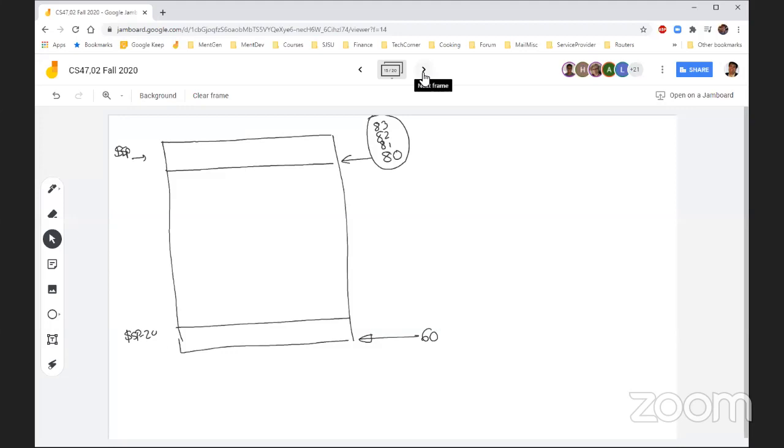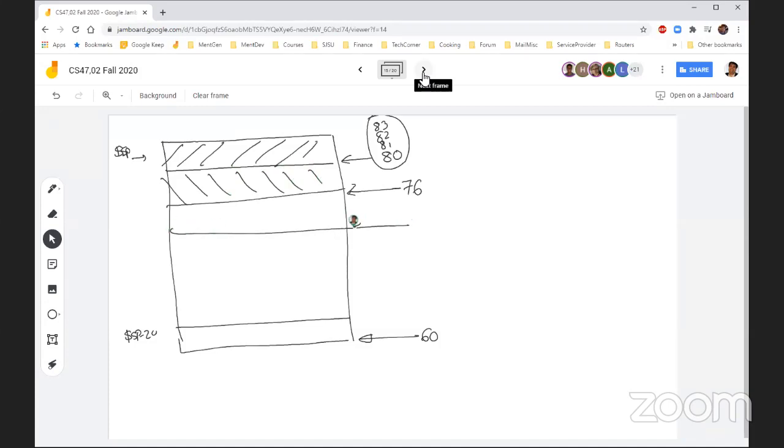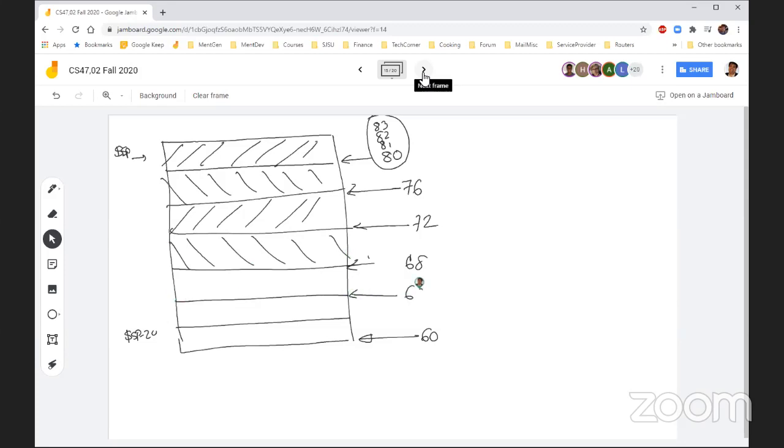Now we filled up address 80. Then we filled up address 76 with next variable. Then address 72 with next variable. Then address 68 with next variable. Then we have another 4 byte address to fill up, 64, isn't it?